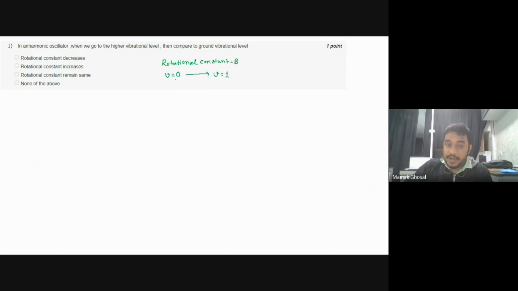What I have told you is that if there is a transition from one vibrational level to another, B values will change. So suppose it is B0 for V equals 0 and B1 for V equals 1 state. Now, which value is higher, B0 or B1? So this is the question.